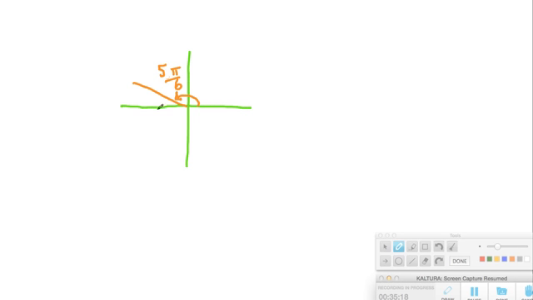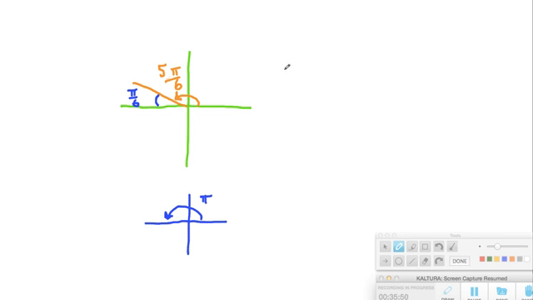Well, remember that halfway across the circle is pi. So if you're at 5 pi over 6, you're 1/6 of a pi short of being to pi. So again, we know that halfway across the circle is the angle pi, right? Here we're on 5/6 pi, so we're 5/6 of the way there. That means that this angle right here is actually pi over 6.